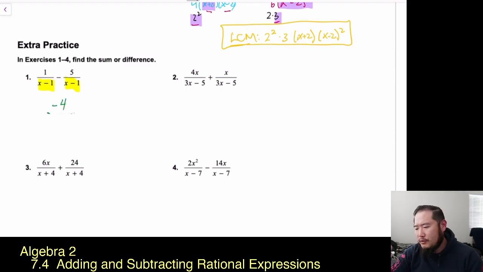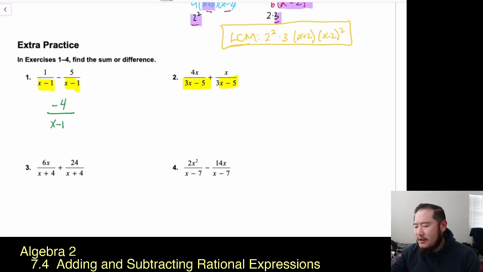Let's go to number 2. Once again, the denominators are the same. So simply put, let's add the numerators together. That's 4x plus 4, which gets me 5x over 3x minus 5. All right, there you go.